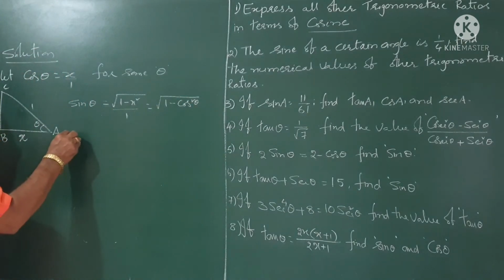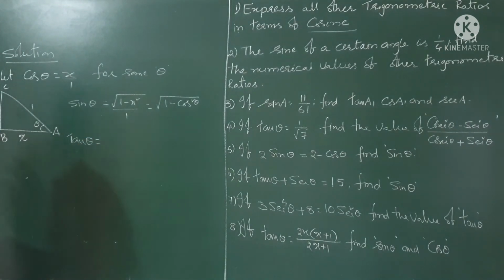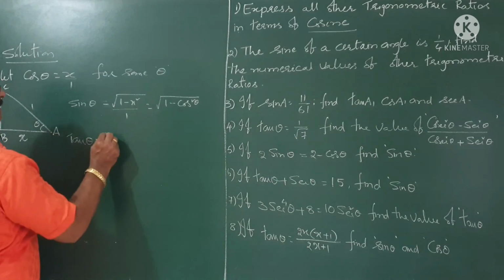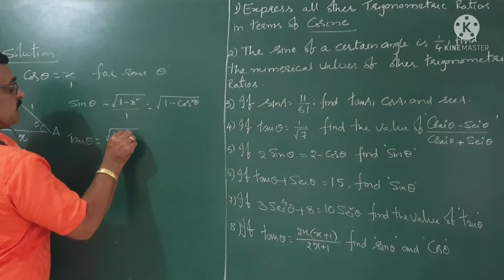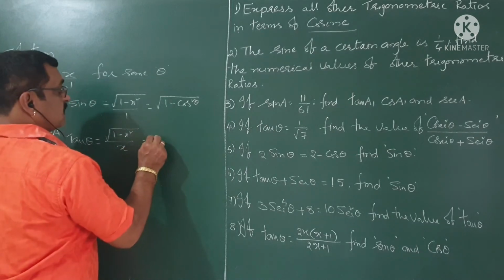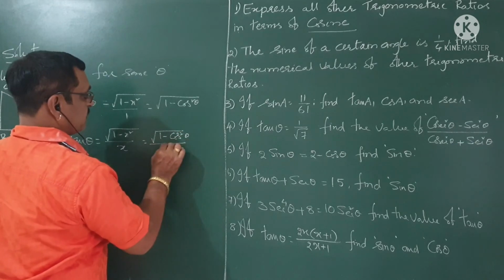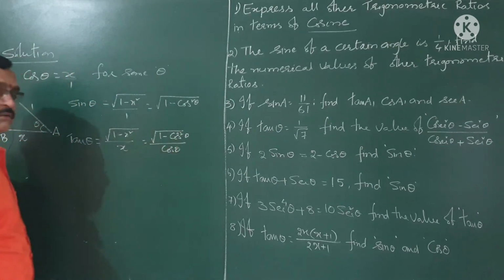Now come to tan theta. Tan theta is opposite side by adjacent side, that means root over 1 minus x square by x. Replace x by cos theta, you get root over 1 minus cos square theta by cos theta.